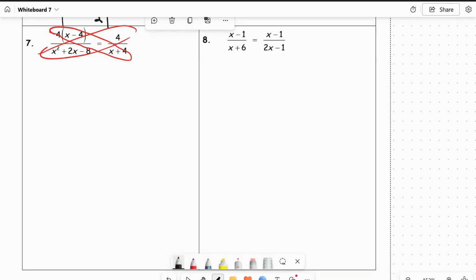So if we were to take the cross product right away, up here I would have 4 times x minus 4, x plus 4 equals 4 times x squared plus 2x minus 8. Okay.